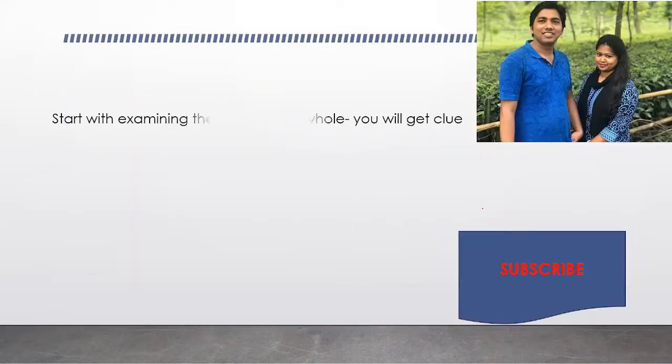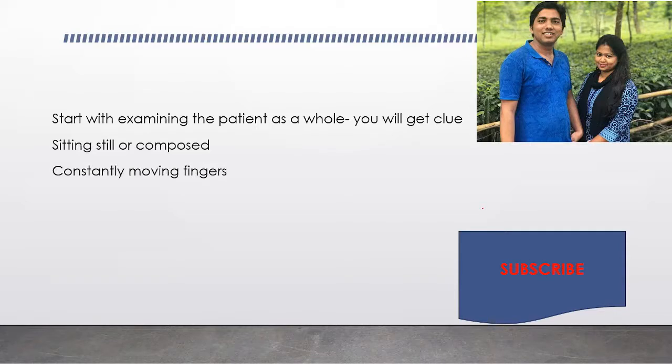Now, before you start your examination, or while you are greeting your teacher as well as the patient, you will look at the patient as a whole and you will get clues mostly regarding the functional status. Your patient may be sitting still or composed, or he or she may be constantly moving the fingers.